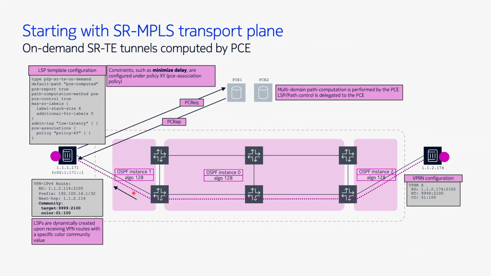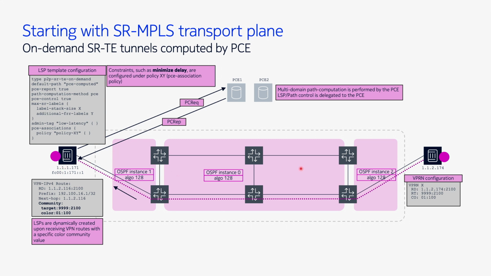So one of the other options that we have in order to realize an intent-aware multi-domain network is to use on-demand SR-TE tunnels that are computed by a PCE, in this case, our own NSP PCE. As you can see in this image, we have the same multi-domain SR OSPF network, and we have VPN routes being advertised between PEs, to the left and to the right.